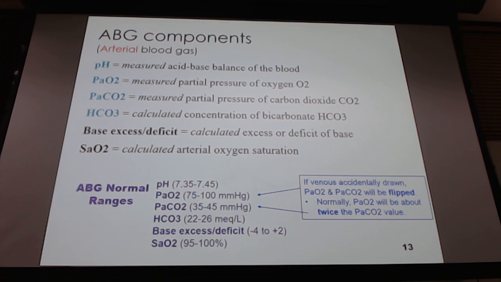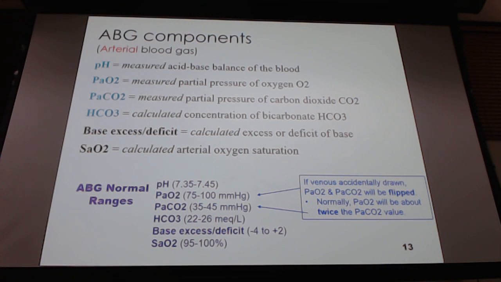These are the things that we're going to measure. I will give you the normals so that you can compare them. So the pH, and we'll get the PaO2, which is useful when you know you have an arterial sample.